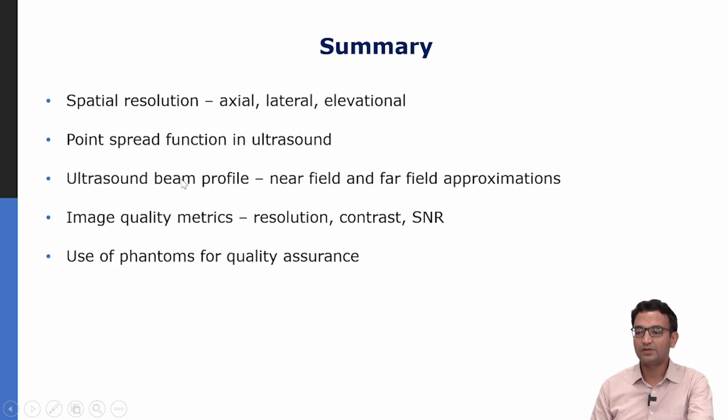We discussed the ultrasound beam profile, including near field and far field approximations, simplifications which help us understand in a simple way the beam profile. We also discussed image quality metrics, including resolution, contrast, signal to noise ratio. The topic of artifacts will be for a subsequent lecture. And we lastly discussed the use of phantoms for quality assurance.